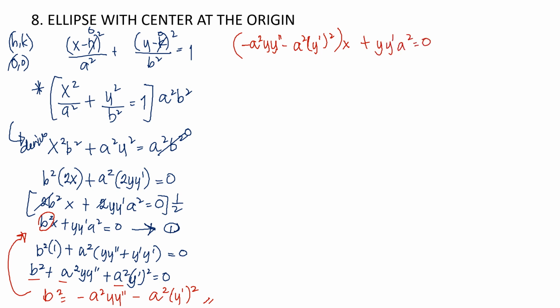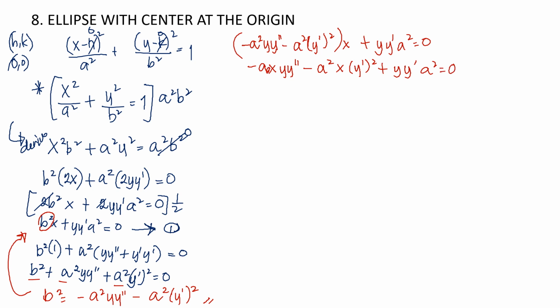So, therefore, this will just be negative a squared x y double prime minus a squared x y prime squared plus y prime a squared is equals to 0.